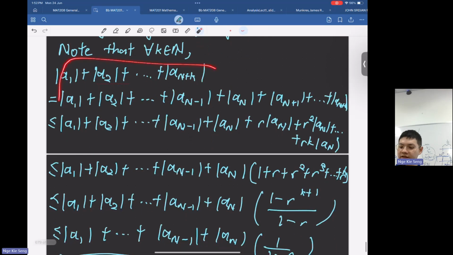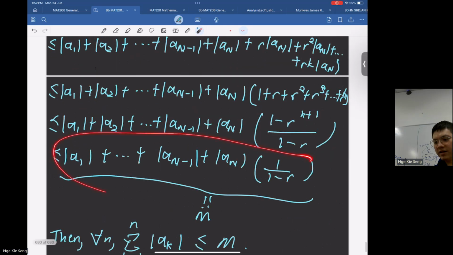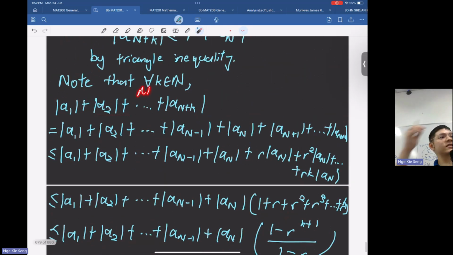Because what we have shown for this inequality is true for all k. So all the n plus k terms behind should be less than this term here. How about before n, like 1 to n minus 1?